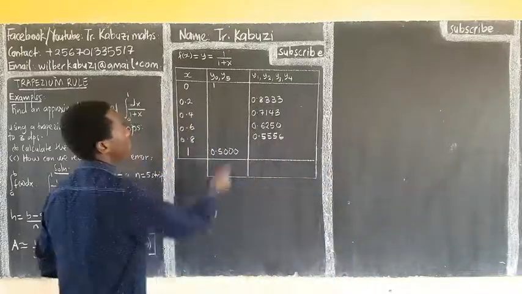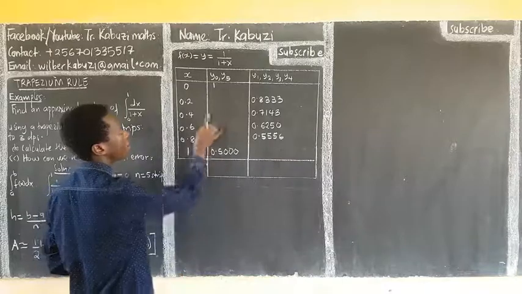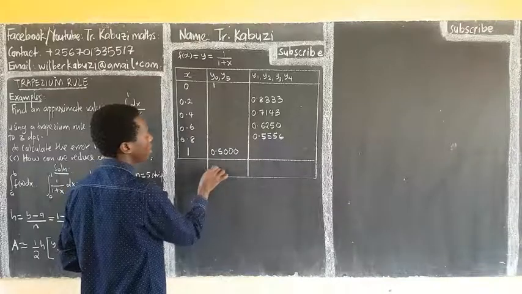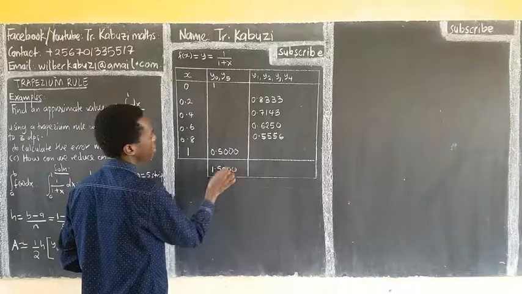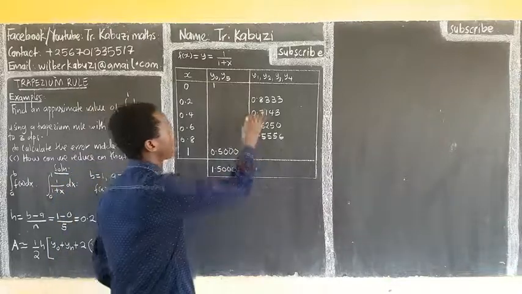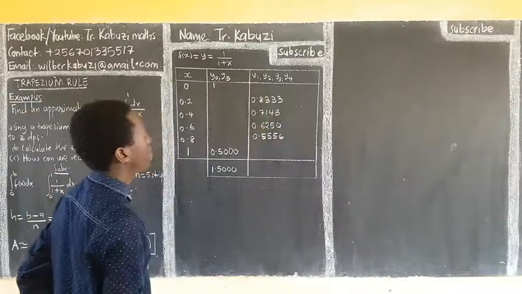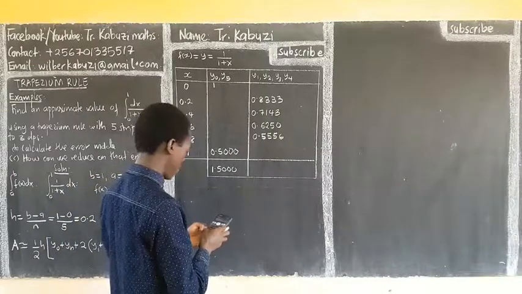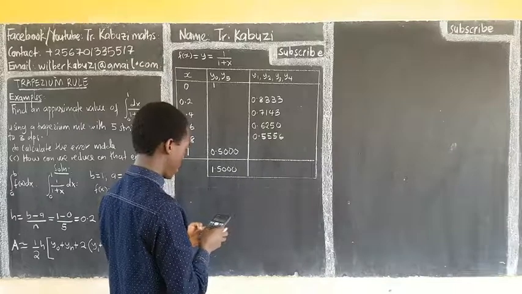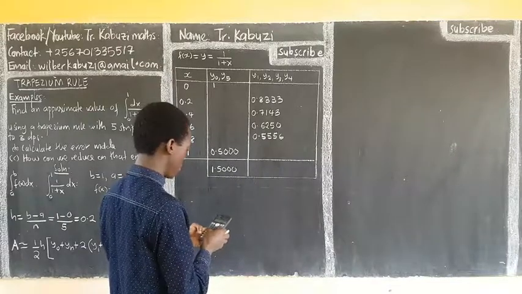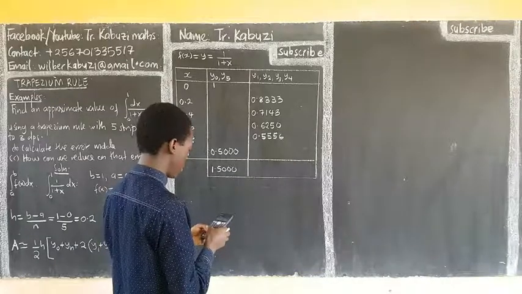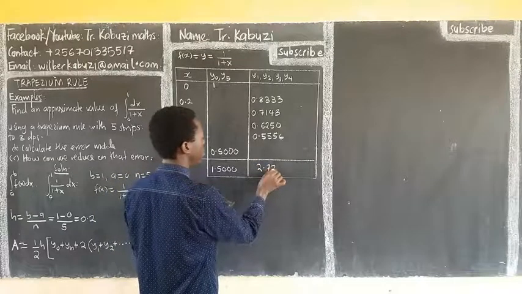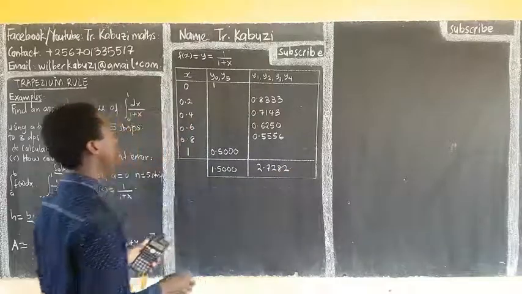So when you sum y naught plus the whole of that, you get 1.5000. This is okay. Then this one, when you get your calculator and sum all those values, I get 2.7282. So now that's the answer I'm having.